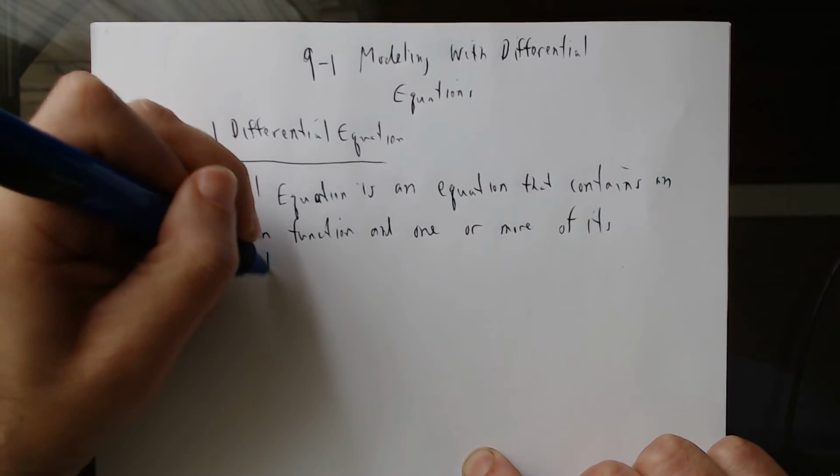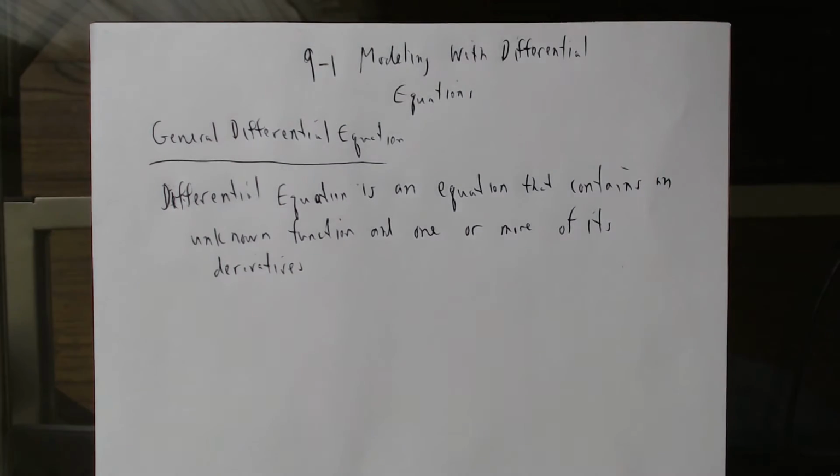So basically, what we're saying is we have a function and we don't know much about that function, but we're given an equation that has that function along with its derivatives. And then our goal is to find that function specifically.